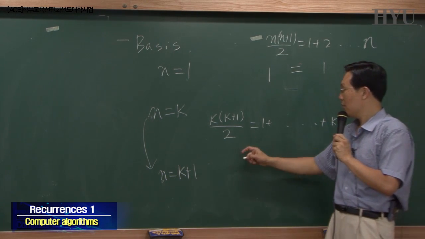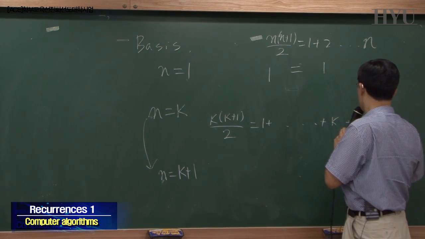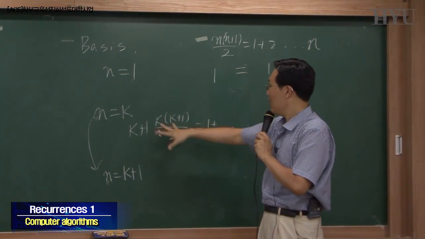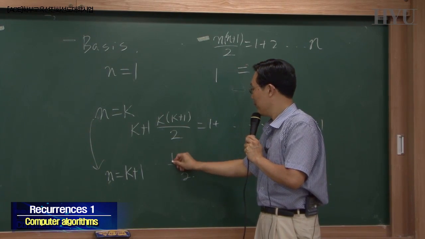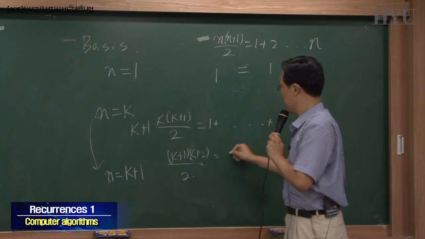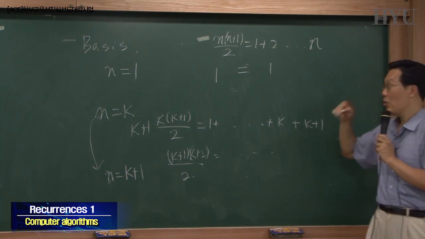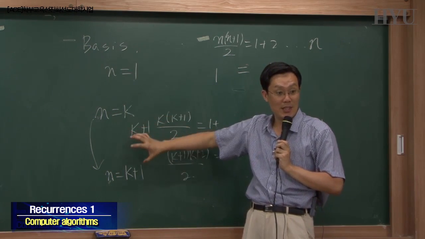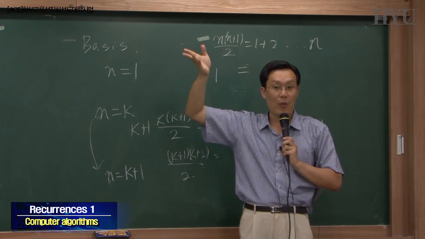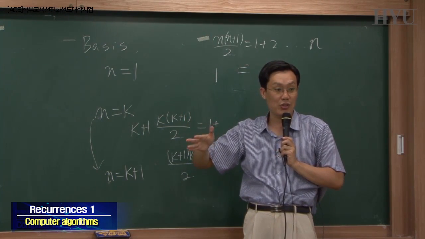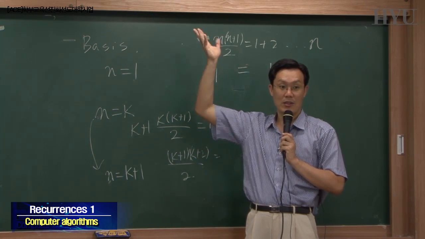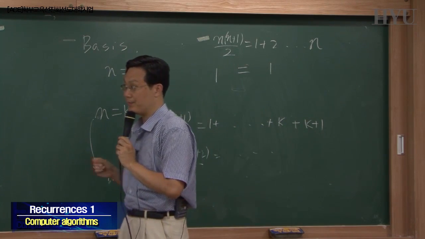Then the step is just add k plus 1 to both sides, and then by some calculation, we get this. So once we have this and this, we showed this is true for every positive integer k. This is the mathematical induction.